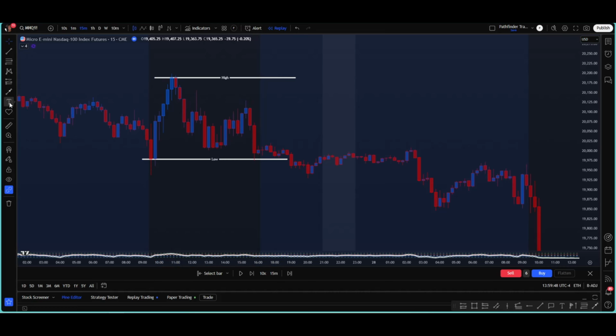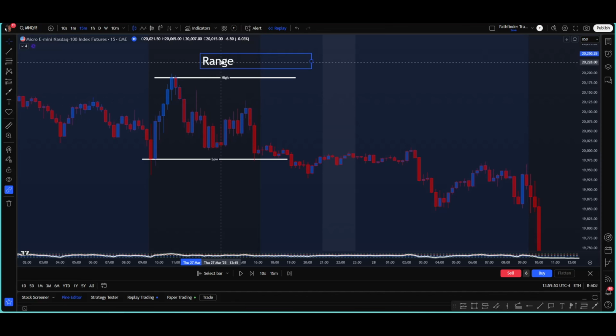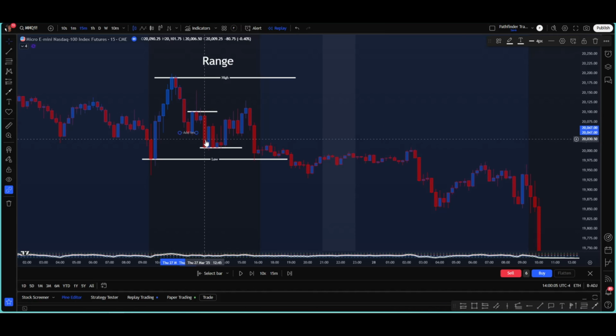So the market is trading within a range. It is making highs and lows within that range. So there is a push down, makes a low here, makes a high here, pushes down, makes a low, pushes up, makes a high.